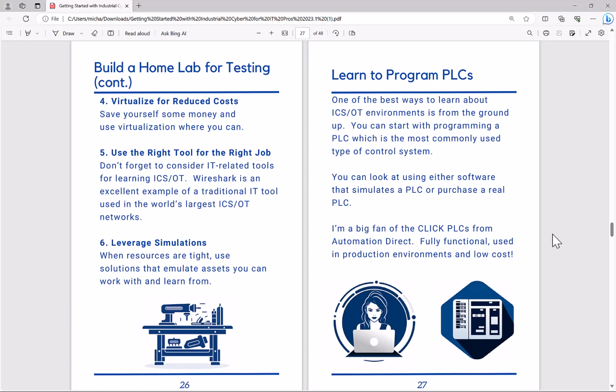Budget appropriately. Use virtualization where you can. I always talk about using the right tool for the right job. What this means is sometimes tools in IT can also be used in OT, like Wireshark, right? When I go into most OT environments, most engineers, operators and technicians know Wireshark.